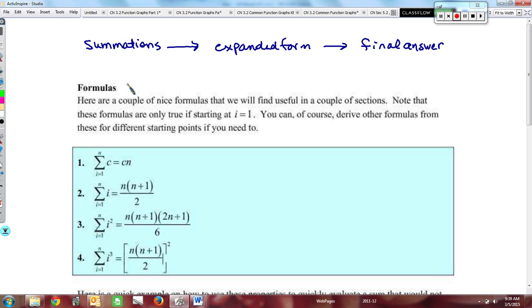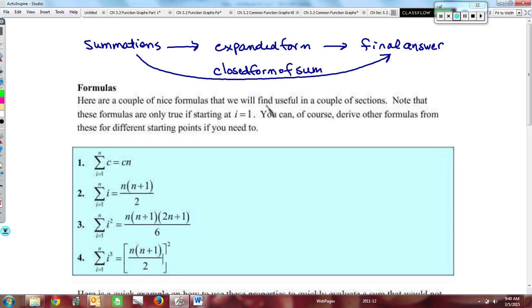So one of the things that we do with summations is we create shortcut formulas. We're going to create a shortcut formula to skip over the expanded form, and that will simply give me the final answer. We call that a closed formula or closed form of the sum. It is a formula based only on n, the number of terms, and it will help me get my sum without having to write them all out.